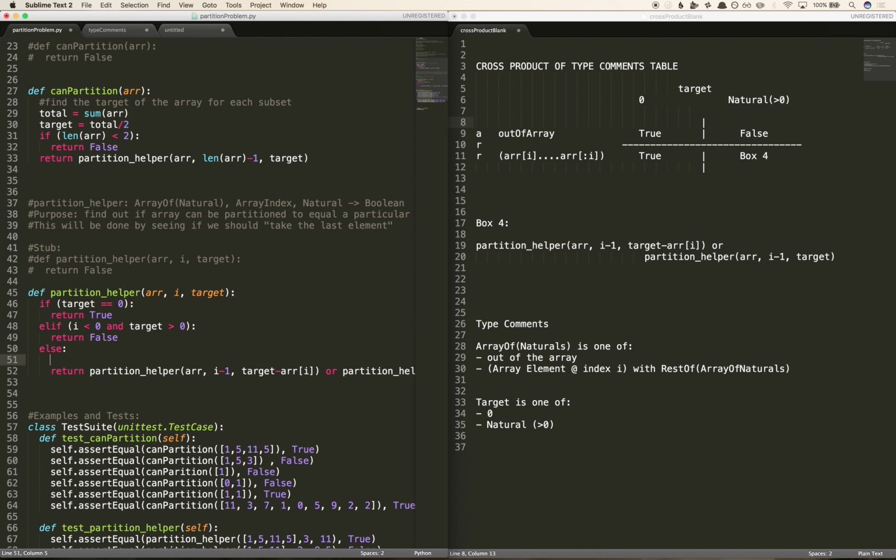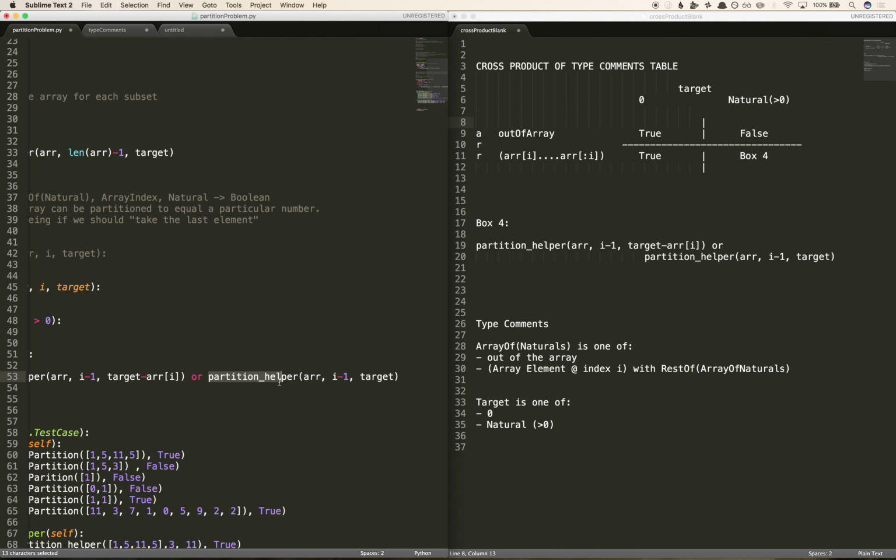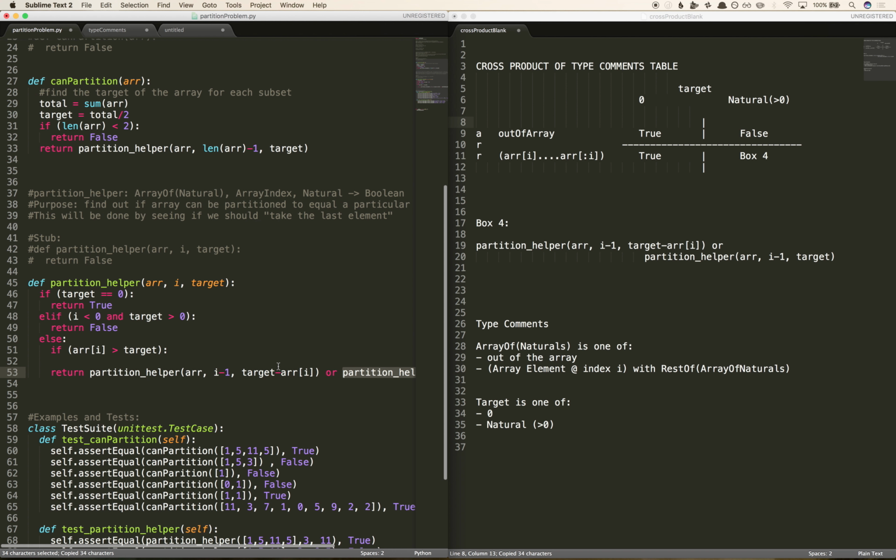We can say in this fourth box, which is what's happening in line 50, if array i's value, like the 11, is greater than the target, then I don't want to do this first recursive call here. I only want to do the second one. So let's copy that. We need to return it.